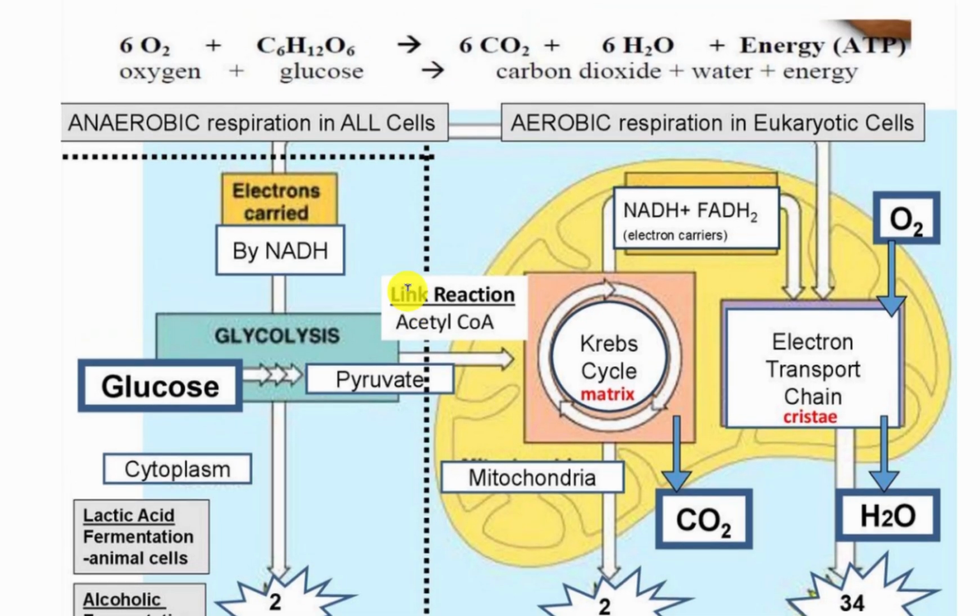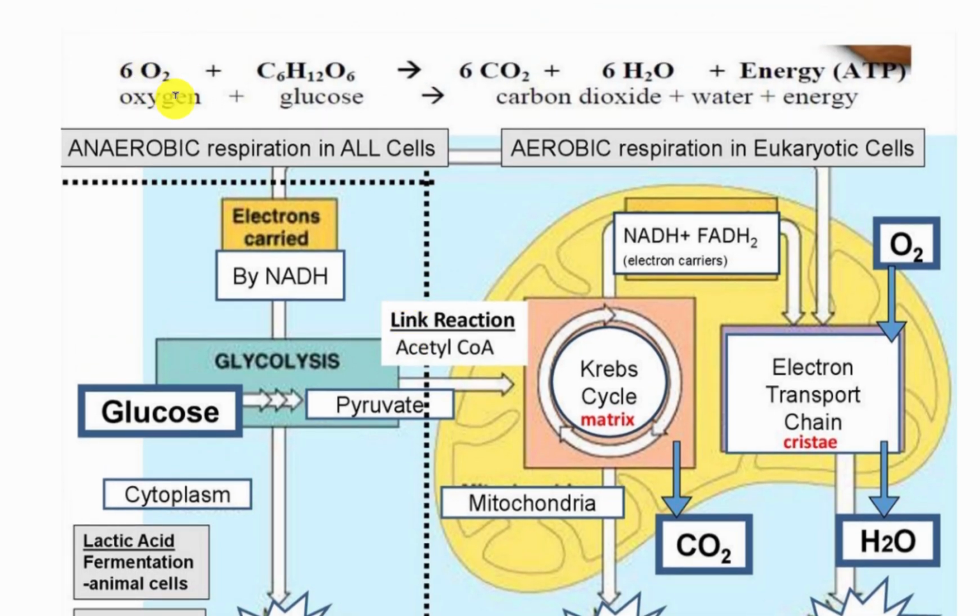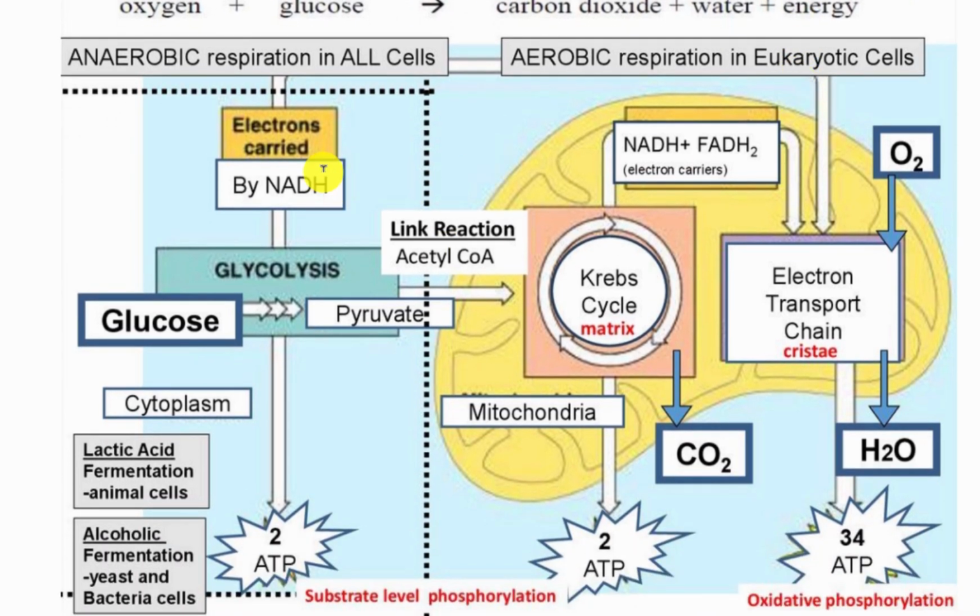And this is just kind of the same look at it. Essentially, we're going to take in oxygen and glucose, and we're going to break it down into CO2 and water and energy. Just another very quick overview: the process of glycolysis happens in the cytoplasm, and it's going to produce 2 molecules of pyruvate from glucose, and then those are going to be shuttled into the mitochondria, where a small amount of energy and these things called electron carriers are going to be produced by the Krebs cycle.